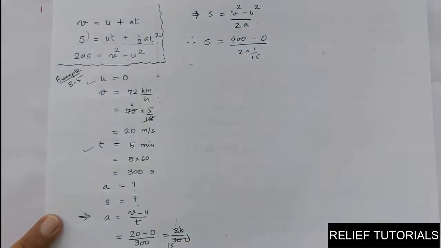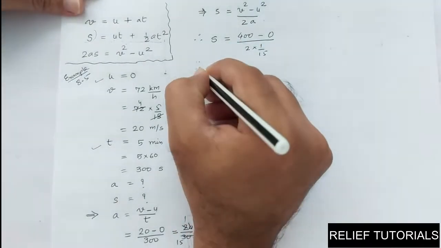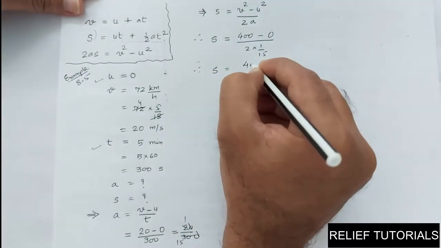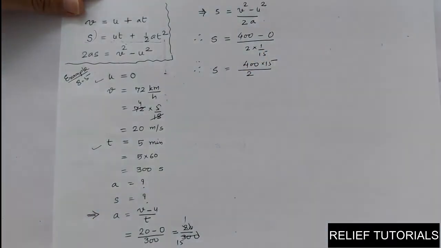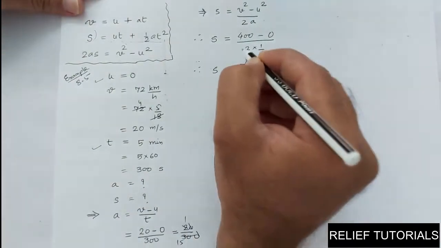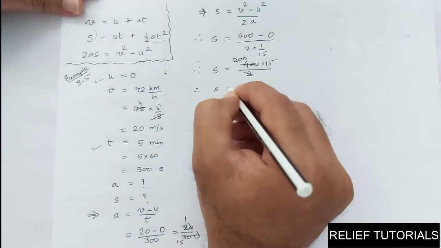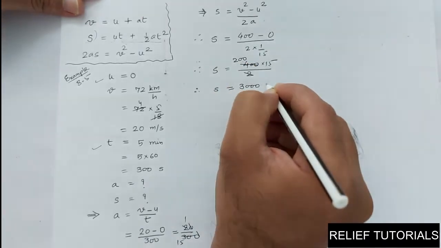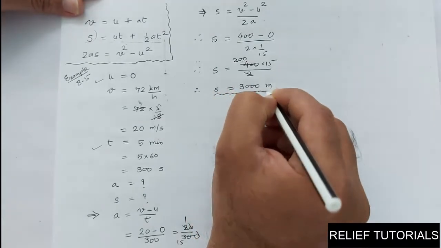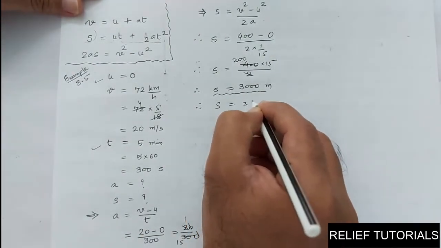Therefore S is equal to 400 upon 2, and this 15 goes to the numerator, so 200 into 15. 15 twos are 30, and 2 zeros, 3000 meter. So the distance travelled by the train to attain the velocity of 72 km per hour in 5 minutes is 3000 meters. So we can say it's 3 km.